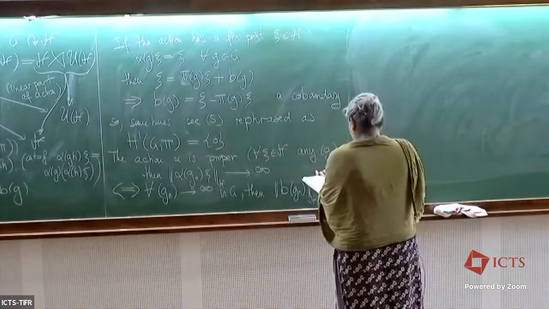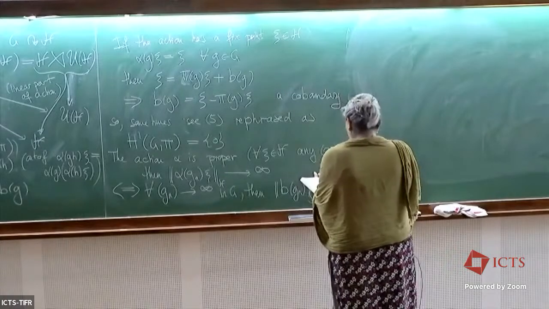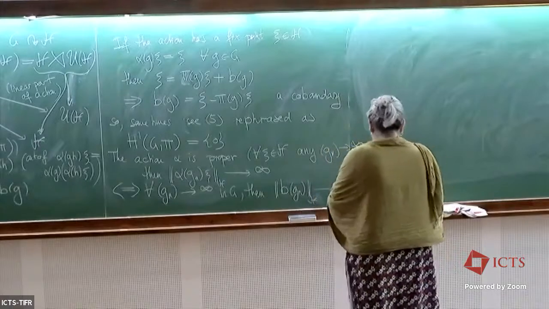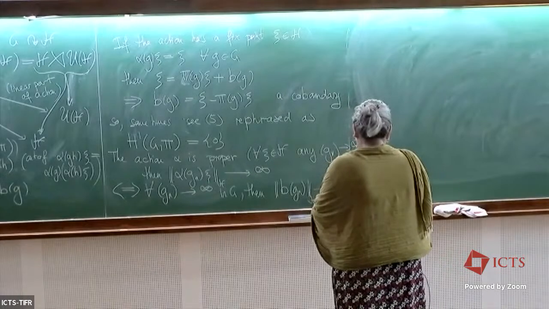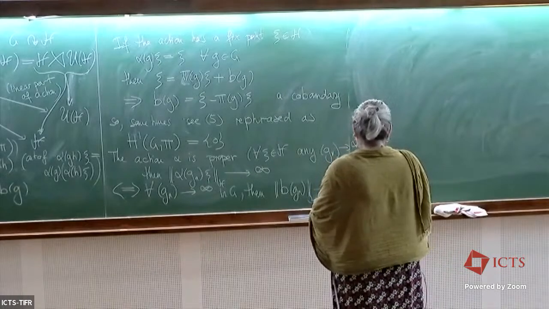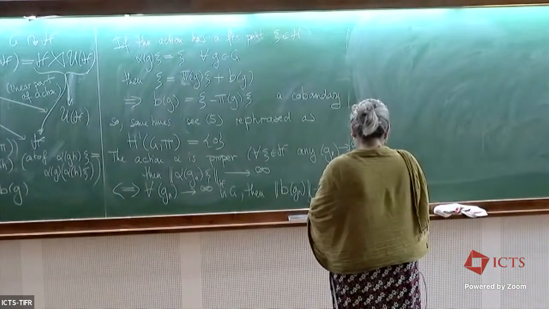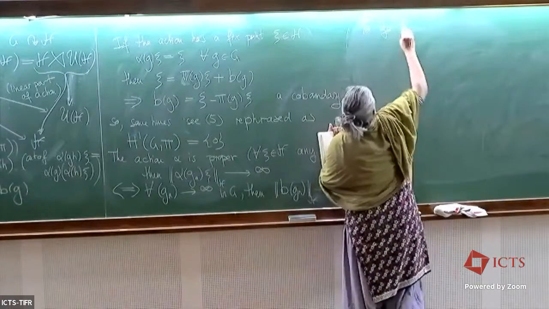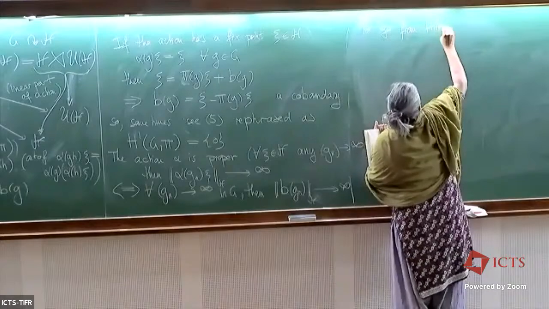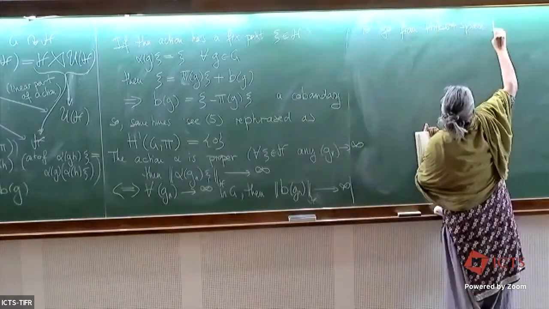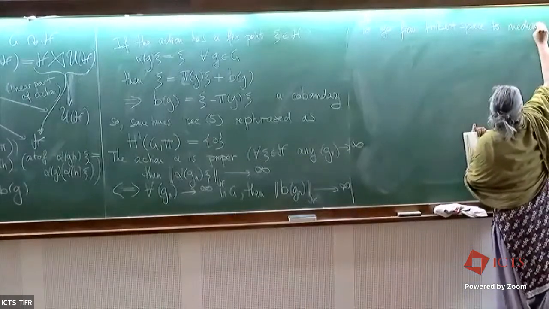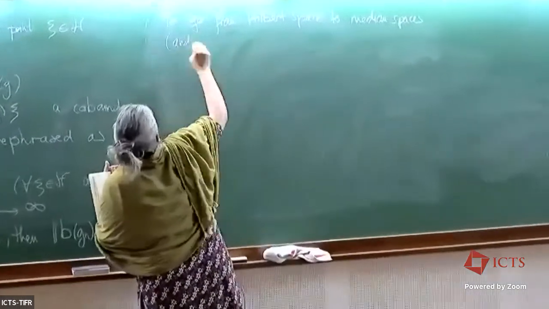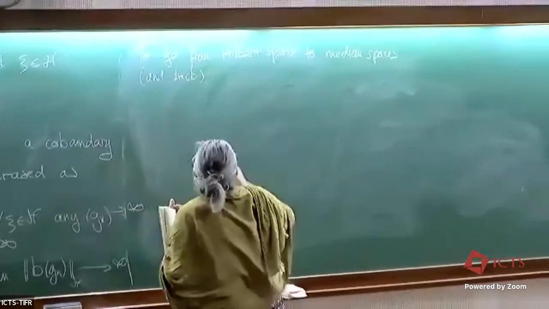So to go from Hilbert spaces to median spaces, and back, I guess, you use spaces with walls.